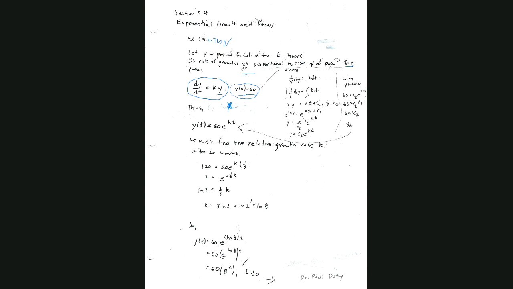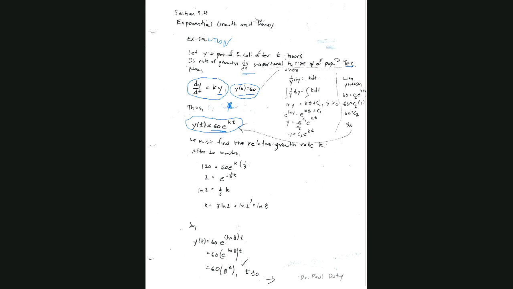The solution is y of t equals 60 times e to the kt. We have to figure out k. That's called our relative growth rate. And the number in front of the exponential function is always the amount that you initially start with.